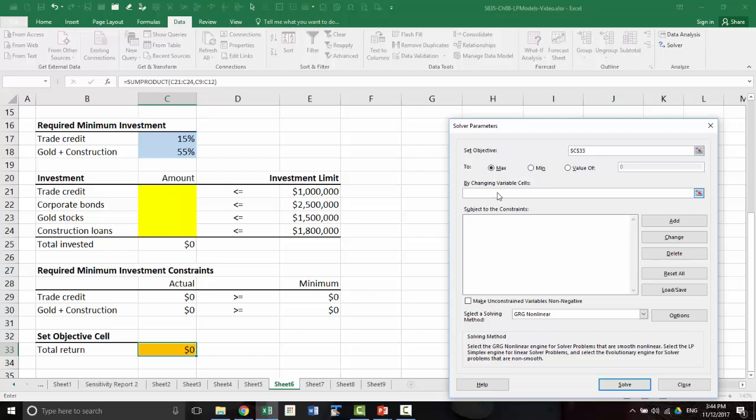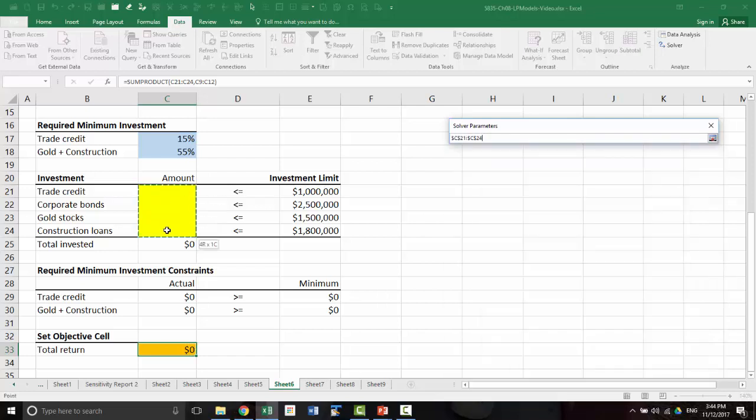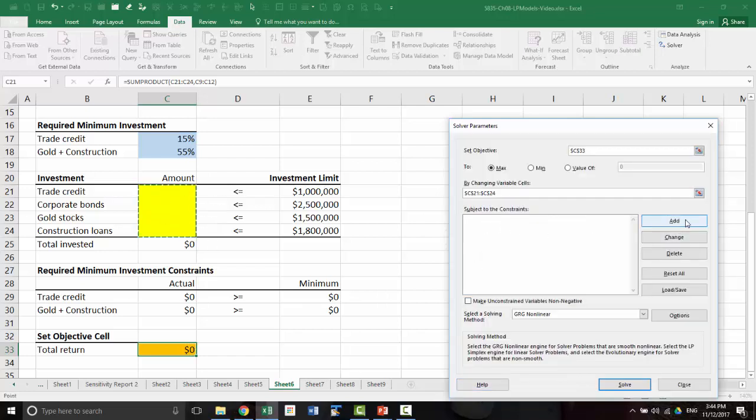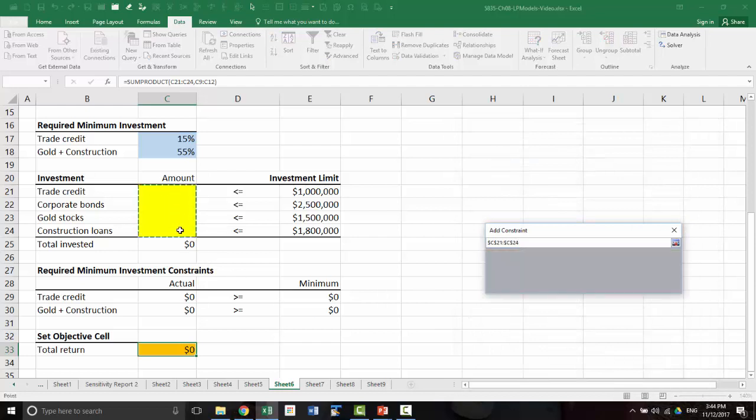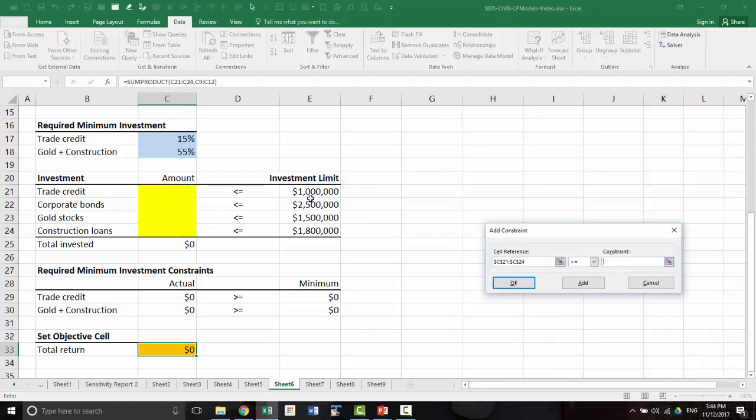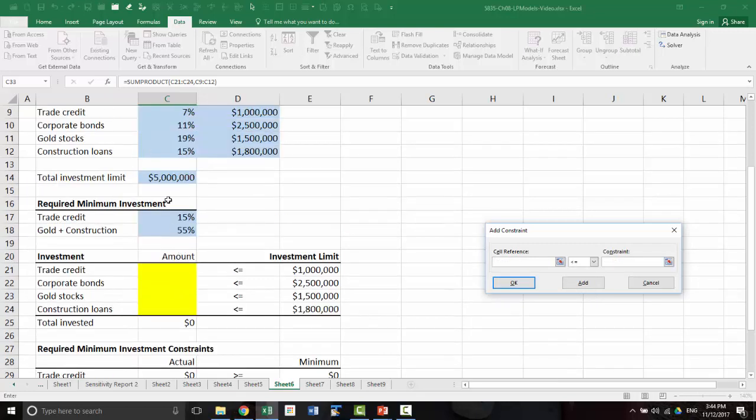That should be maximized, and that's our changing cell. The constraints are that those must be less than or equal to those. That's one, add that. Then we have the total investment: total invested should be less than or equal to the total investment limit.